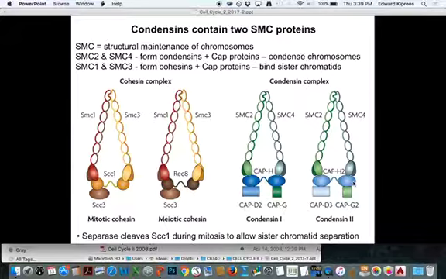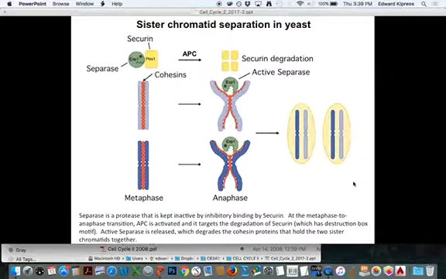It's going to cut SCC1. It's not degrading the whole thing, it's just cutting it. Okay, that will allow any DNA that's trapped in there to come out. All right, so it's going to cut the cohesins, and then once these chromosomes are not connected to each other, now the microtubules can pull them in opposite directions.